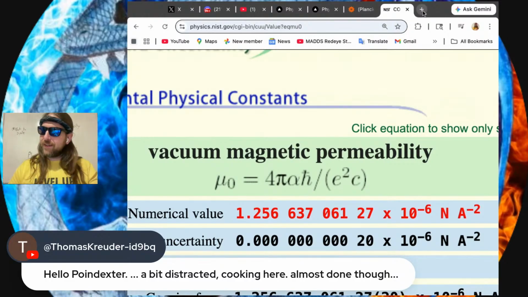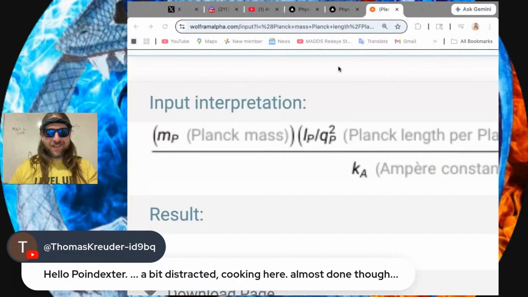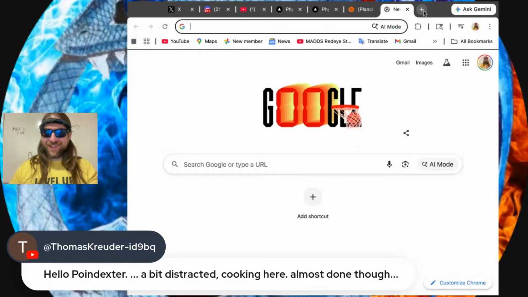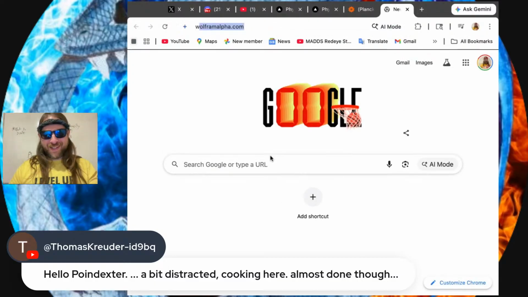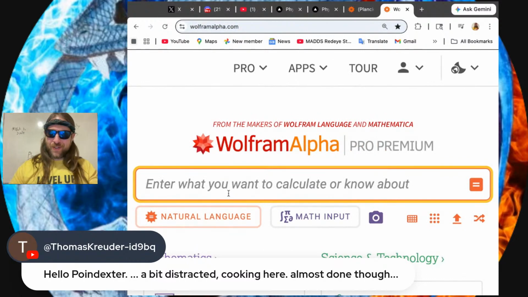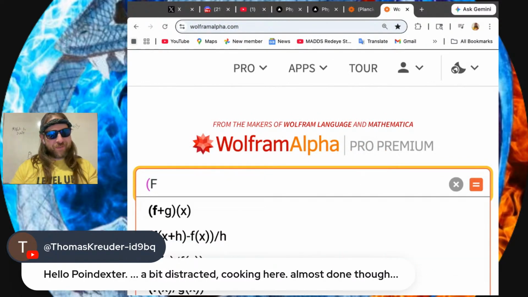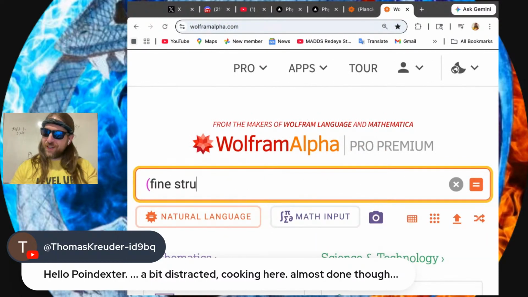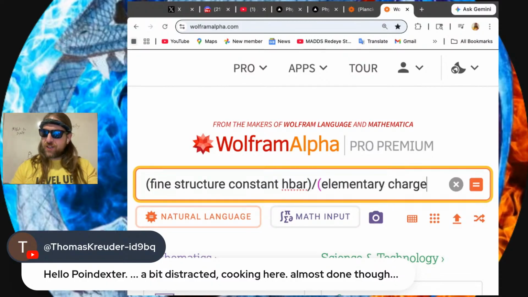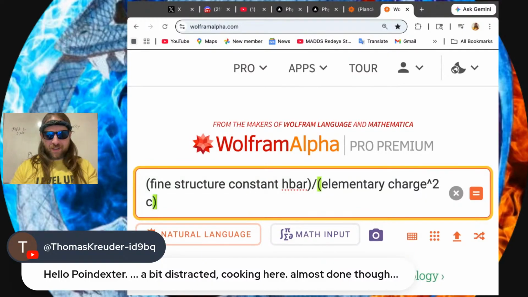All right, so I'm going to move this out just so I can have it in front of me. Give me a moment. Wolfram Alpha. So let's do this. Actually, I haven't done this calculation before. Fine structure constant, h bar divided by elementary charge squared times speed of light.